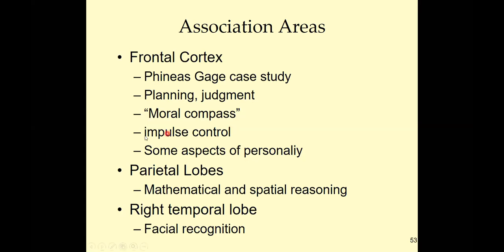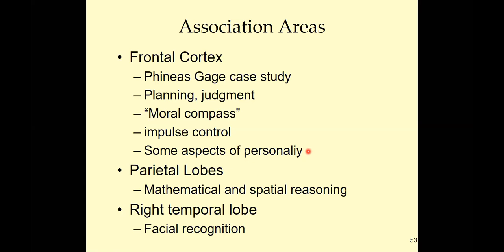And he also lost his impulse control, so he couldn't control his behavior and restrain himself from doing things, even if he knew it wasn't the thing to do. And some aspects of his personality changed significantly. While he was previously a very agreeable person, afterwards he became very disagreeable and argumentative.